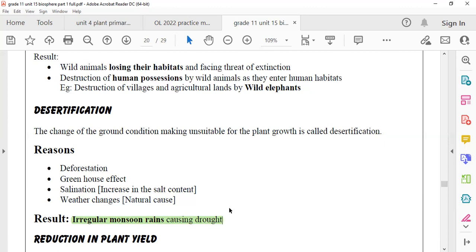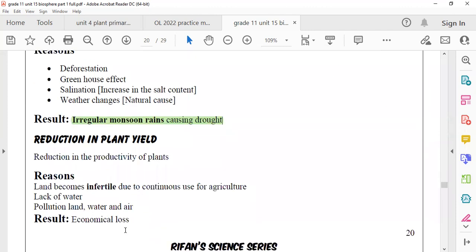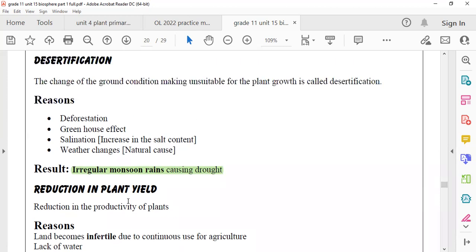Okay, due to desertification, another thing happening is reduction in plant yield. In this kind of environment, plants are losing their ability to make yield, to make fruits, to make the things that they can give us. Then the yield will go down. Now you might ask, doesn't desertification cause economical loss?